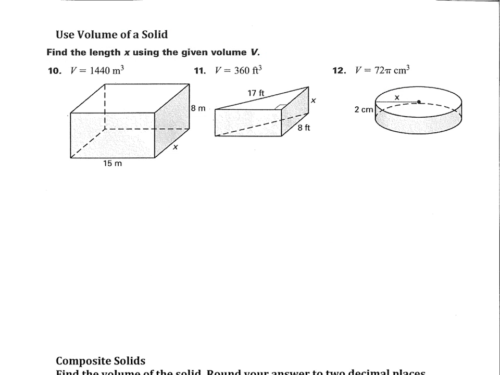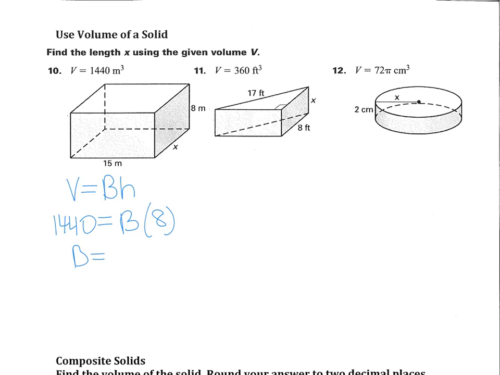What if we're given the volume and we want to try to find one of the missing lengths? So you still use your volume formula. Okay, volume equals area of the base, which I don't have, times its height.